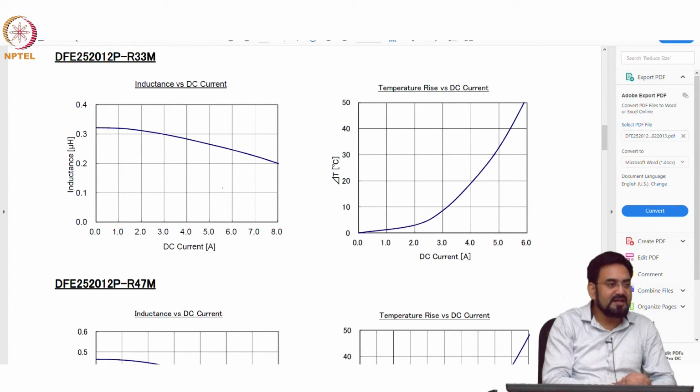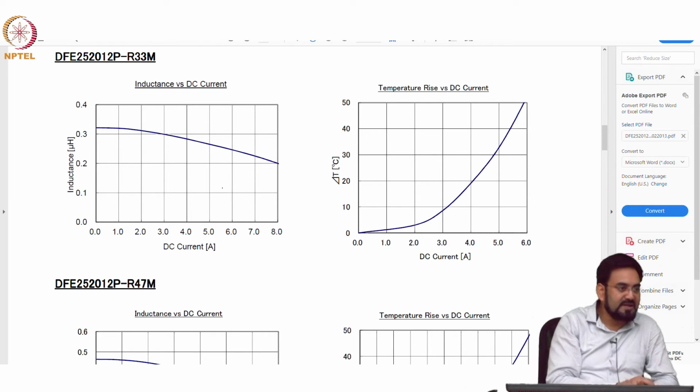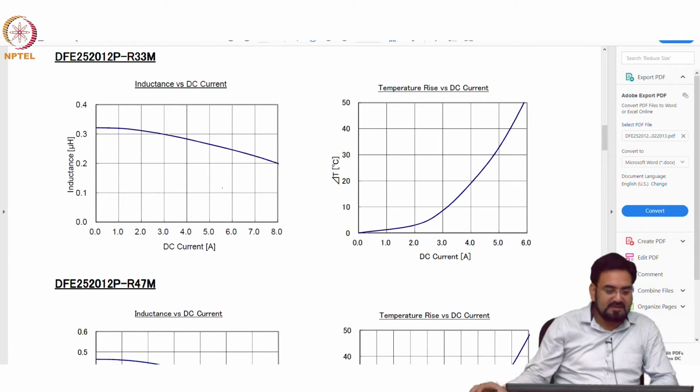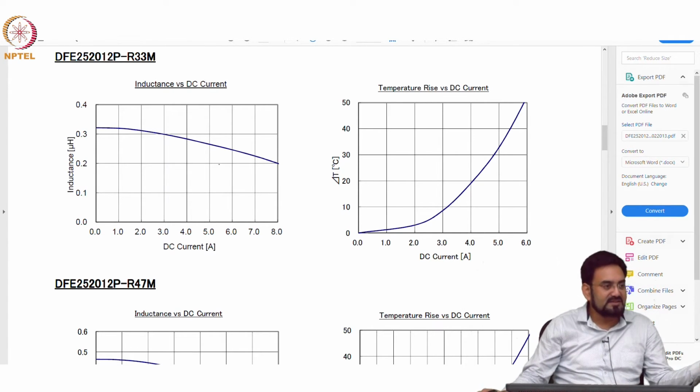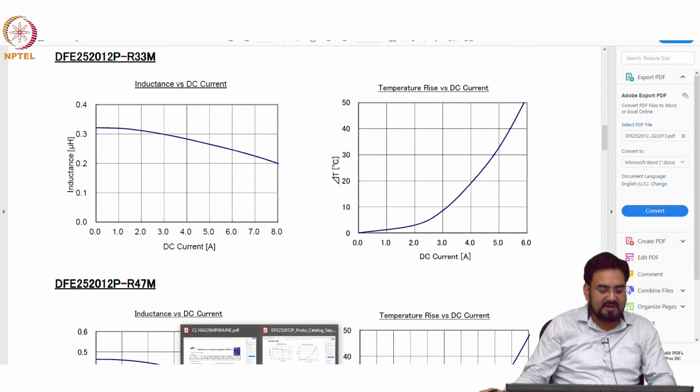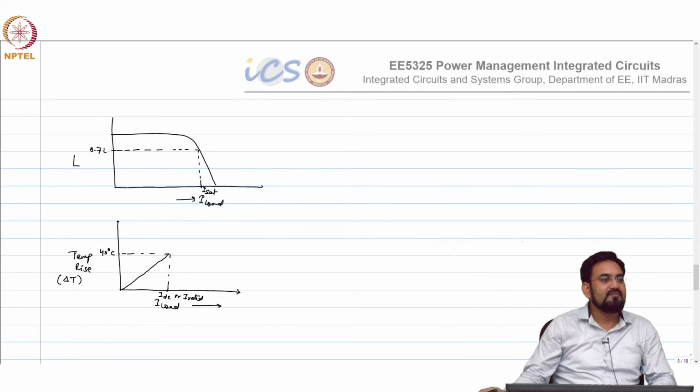If you have a non-magnetic core, let's say air core or even metal core, then you will see a soft saturation. Most of these smaller package inductors will have a soft saturation because they don't have a magnetic core. Magnetic core inductors are really big, and they are not feasible to implement in a smaller package, and that's why if you look at any power inductor, you will find your saturation curve like this.